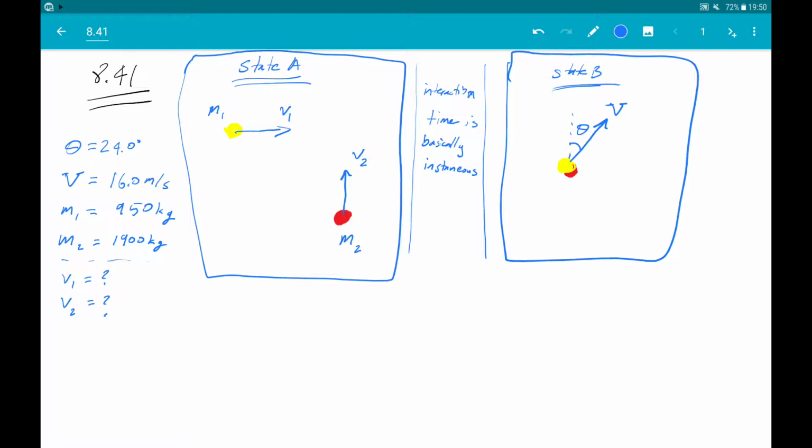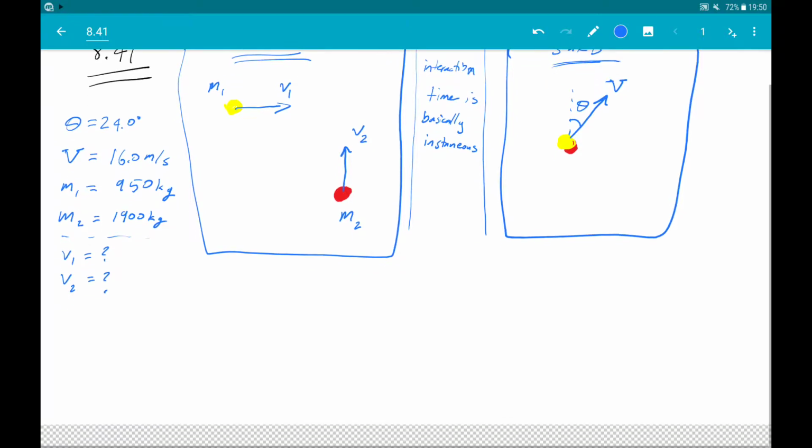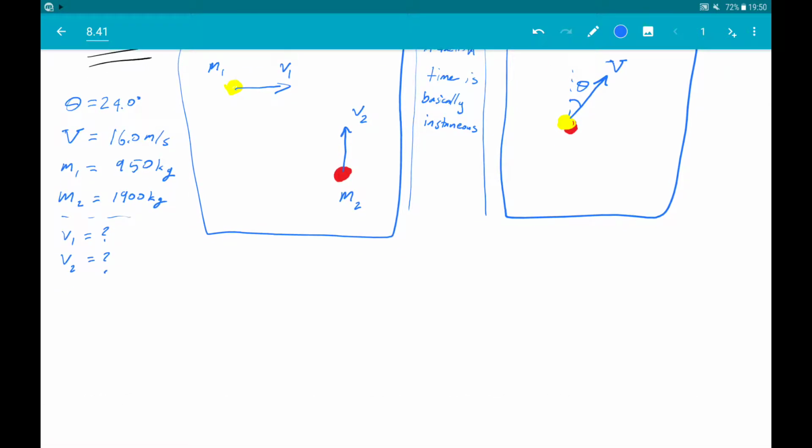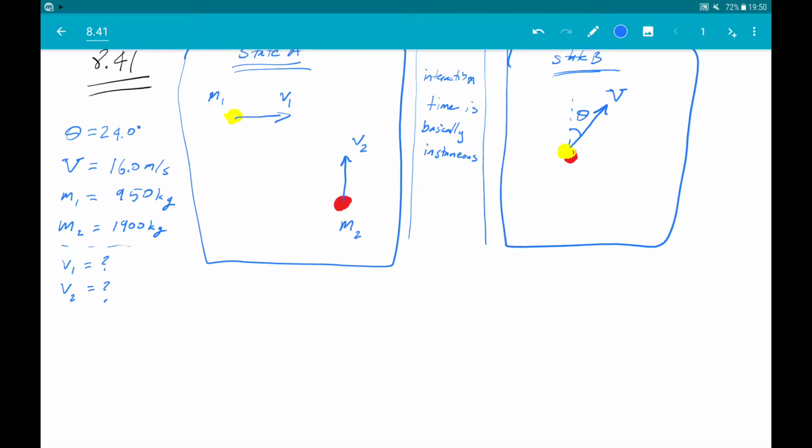That interaction time, or that collision, is near instantaneous for most problems, unless otherwise denoted or described. Pretty much think of the collision as happening instantaneously. So what are these initial velocities? In this case, this is an easy problem.